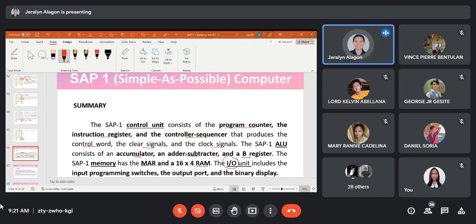A combination of those will represent a certain input, right? So those are literal switches for the input, and our output is the output port with the binary display. So these are really basic component parts to execute a computer as simple as possible.